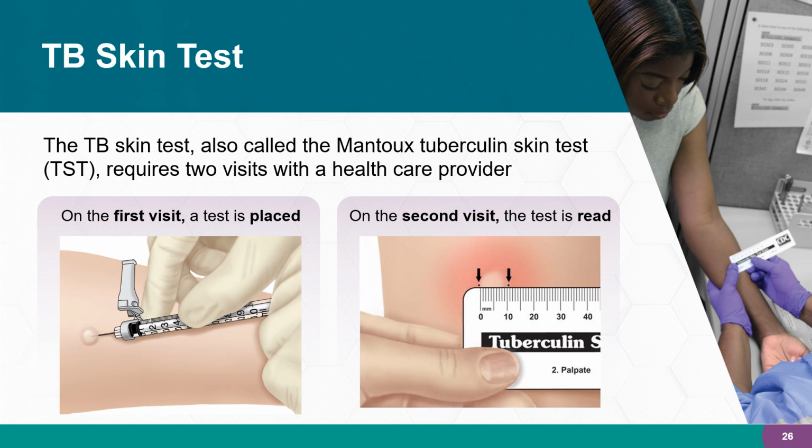A positive skin test means the person's body is infected with TB germs. Additional tests are needed to determine if the person has inactive TB or TB disease. A negative skin test means the person's body did not react to the test and that inactive TB or TB disease is not likely.